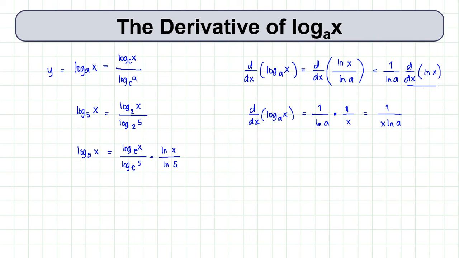Kung i-generalize natin, the derivative with respect to x ng logarithm of a function u to the base of any number is equal to 1 over u ln of a times du over dx. So, tatandaan natin ito.